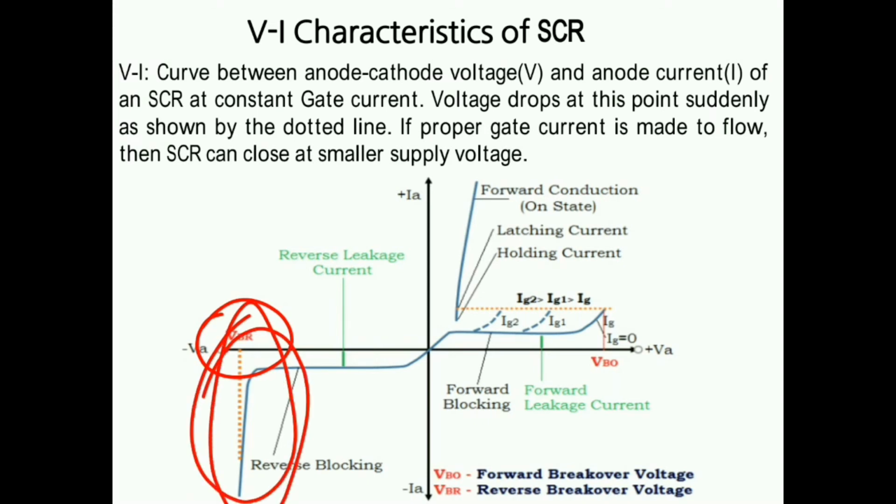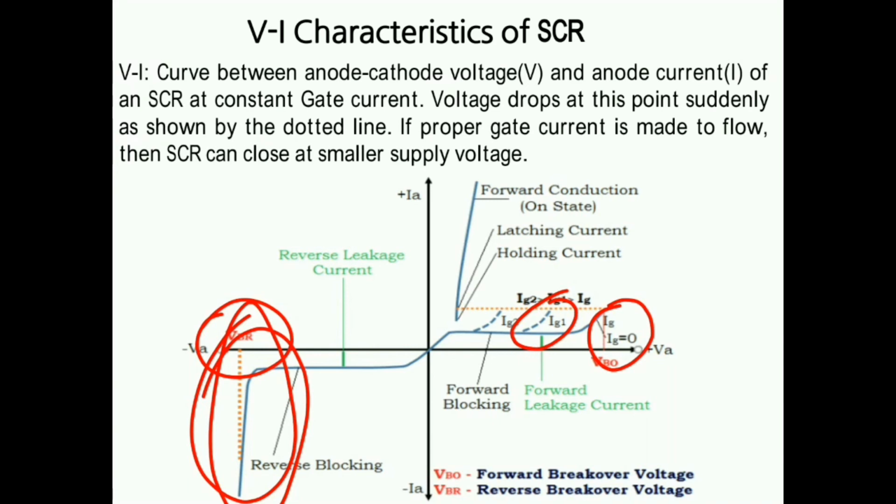Now IG equal to 0 means we are not giving any gate pulse. Whenever we give some gate current, a gate current in microamperes is required at the gate terminal. When we give a higher value of gate current, the SCR turns on earlier. Here are two definitions you have to remember: first holding current and second latching current.